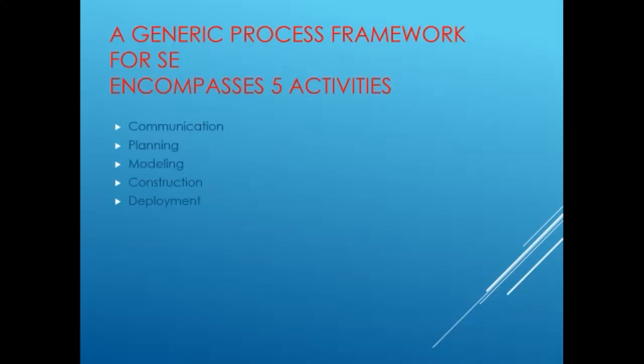First one, communication, planning, modeling, construction, and deployment. These are the 5 activities. Each framework activity includes a set of engineering actions, and each action defines a set of tasks that incorporates work products.